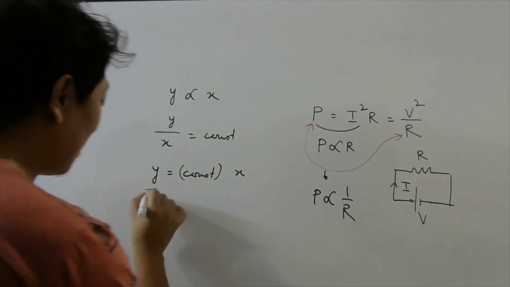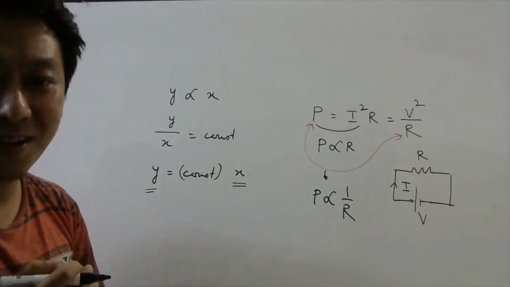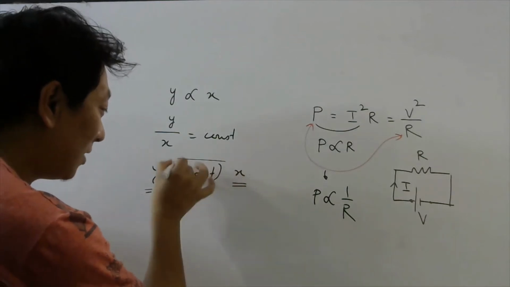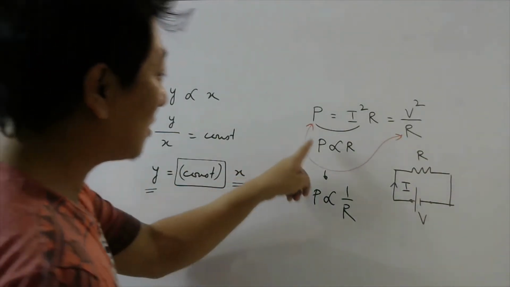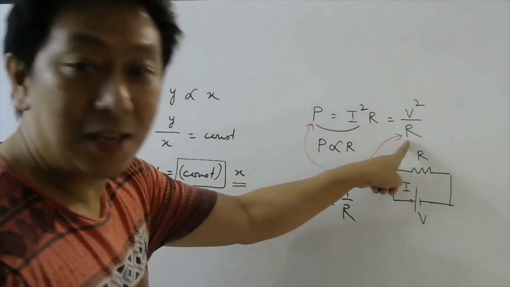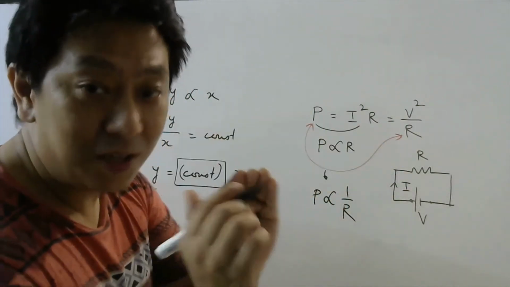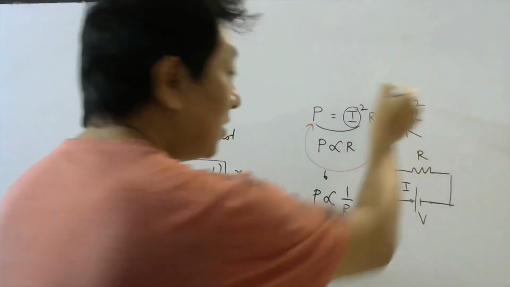Before you say y is proportional to x or y is inversely proportional to x, you must check whether the factor here is constant or not. So before you decide power is proportional to R or power is inversely proportional to R, you need to check whether current is constant or voltage is constant.